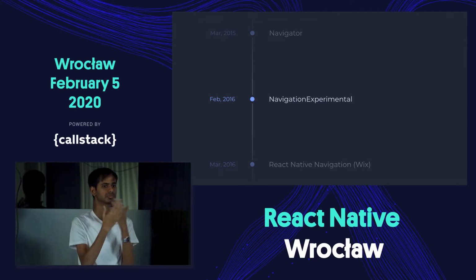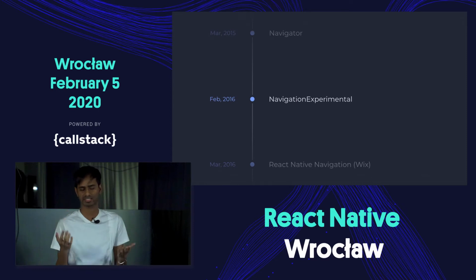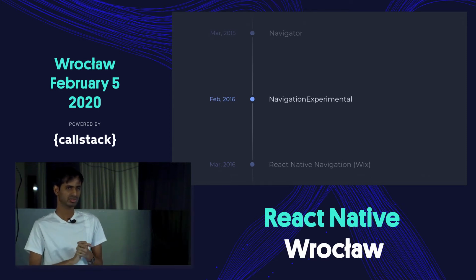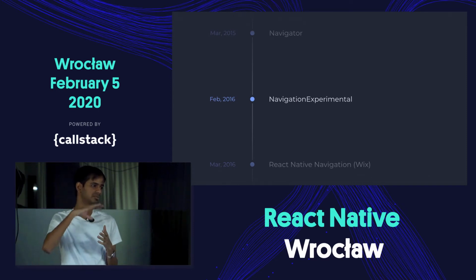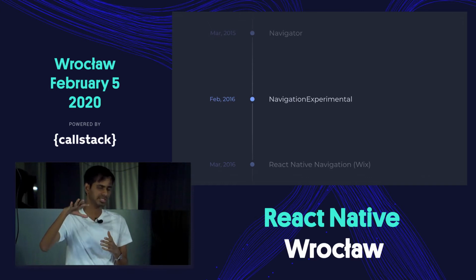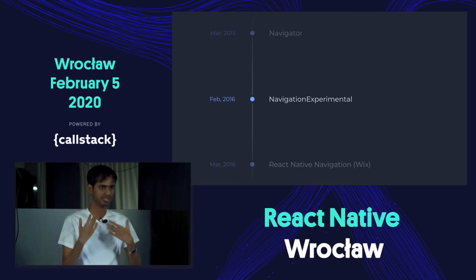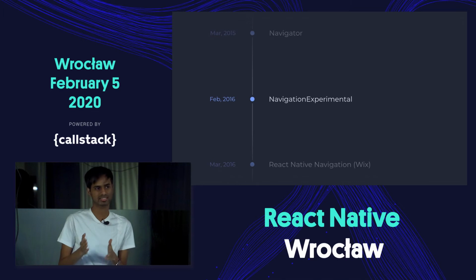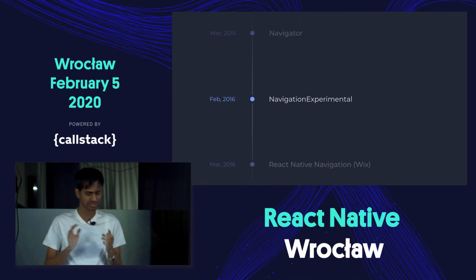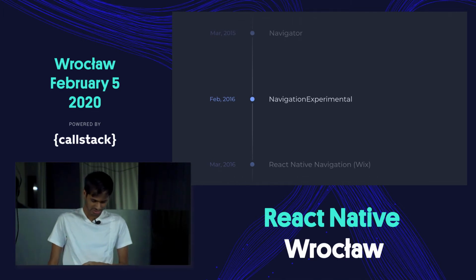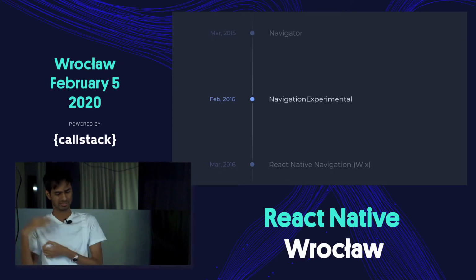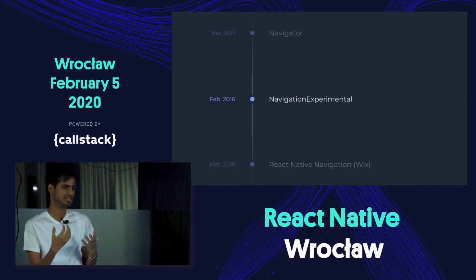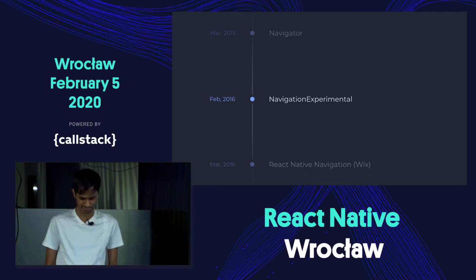You just got some components which you could animate, but you had to manage the navigation state by yourself. So basically it was useful to build primitives based on this library and use those primitives in your apps, because directly using this library in your app was very difficult. Yeah, it was also the basis of the React Navigation that came after, because it was built to be a basic building block.